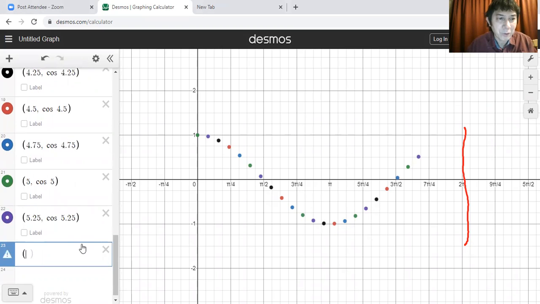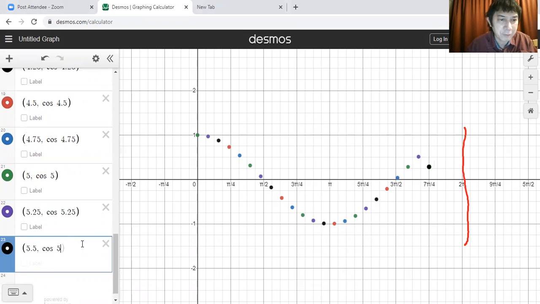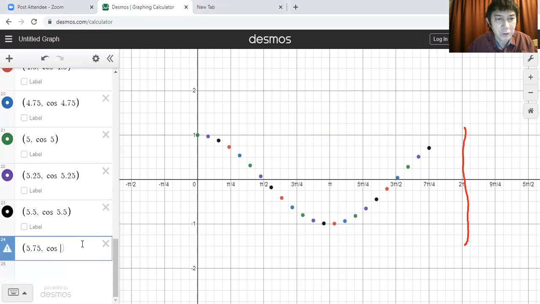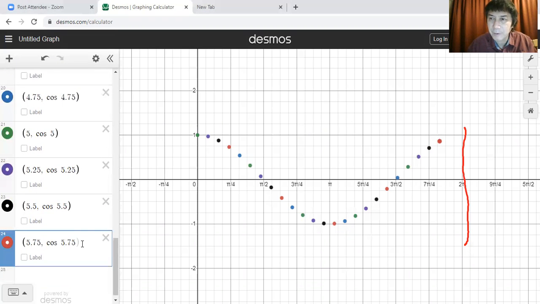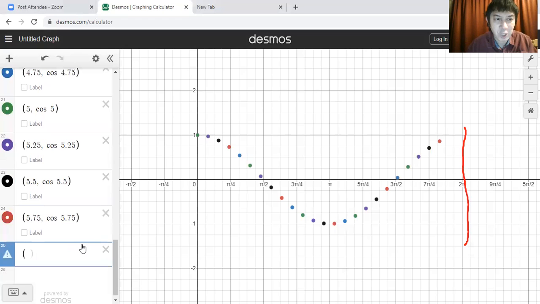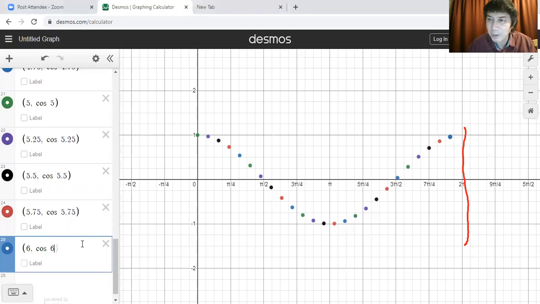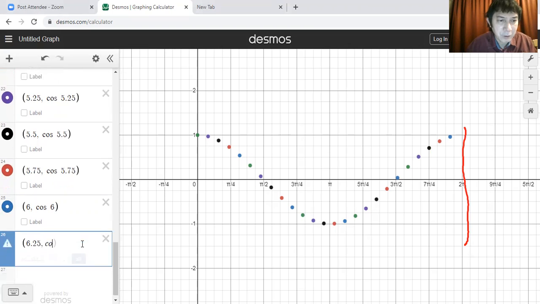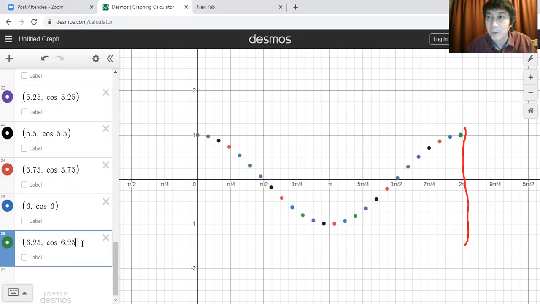And then we're almost done. 5.5 for x, cosine 5.5 for y, and then 5.75 for x, cosine 5.75 for y. Next is 6. We're already at 6 for x, cosine 6. And then next is 6.25, cosine of 6.25. We're almost done.